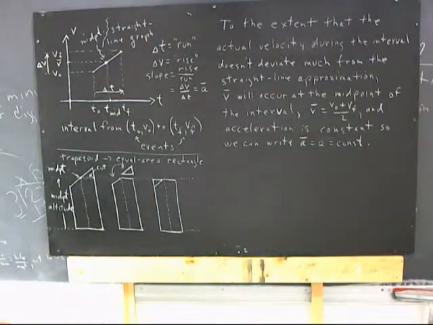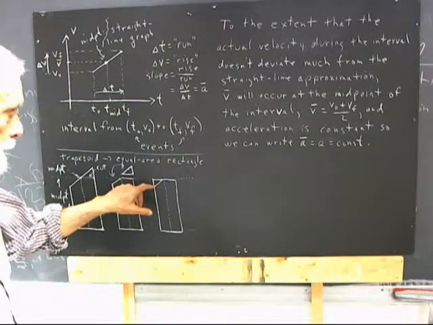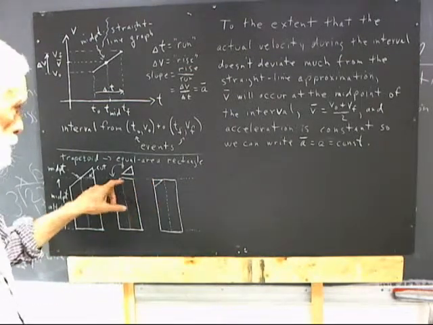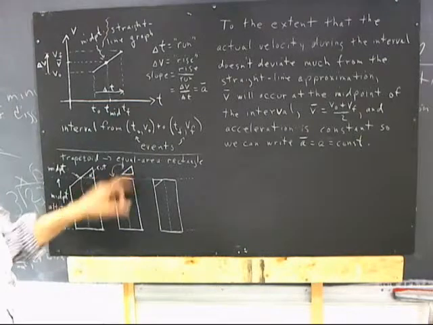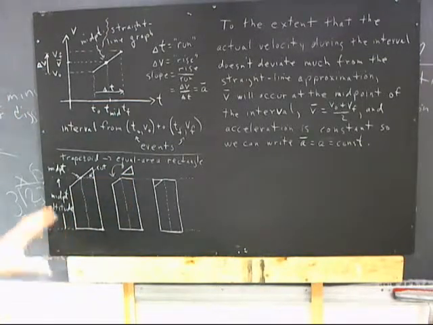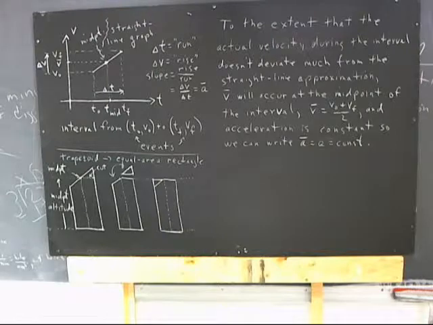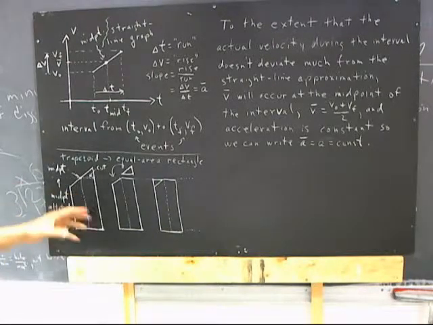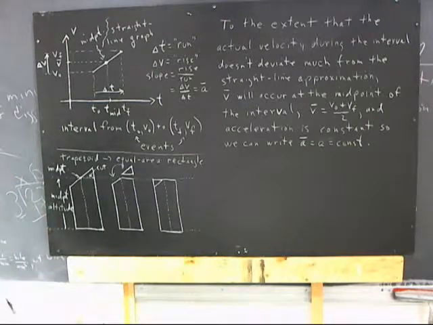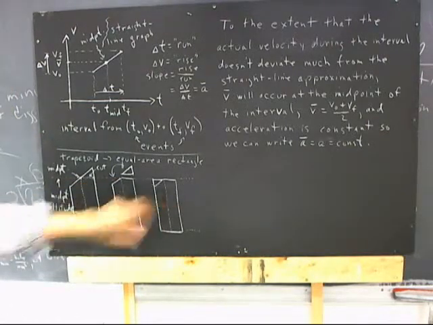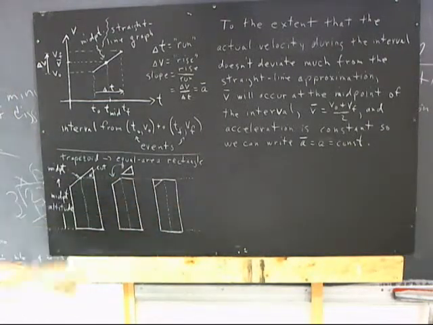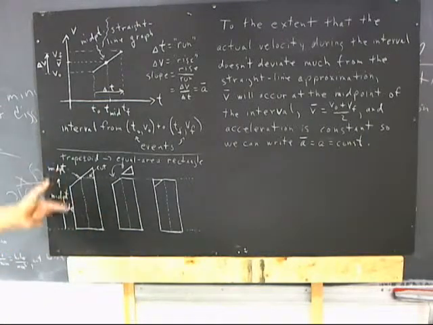Now, it's almost a trivial geometric exercise to show that the triangle you need here is congruent to the triangle that we cut out here. I'm not going to go into that much detail. That's something you should think through, because you really do need some geometric reasoning for many parts of this course. Okay, in any case, we've constructed a rectangle whose area has to be equal to that of the original trapezoid.